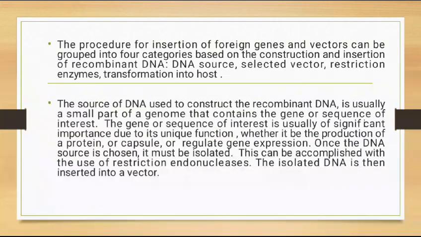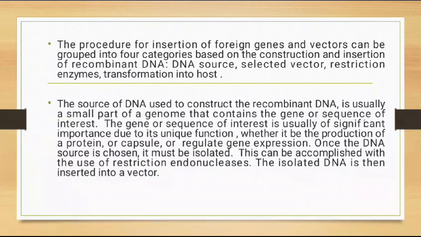The procedure for insertion of foreign genes and vector can be grouped into four categories based on the construction and insertion of recombinant DNA: DNA source, selected vector, restriction enzyme, transformation into host.